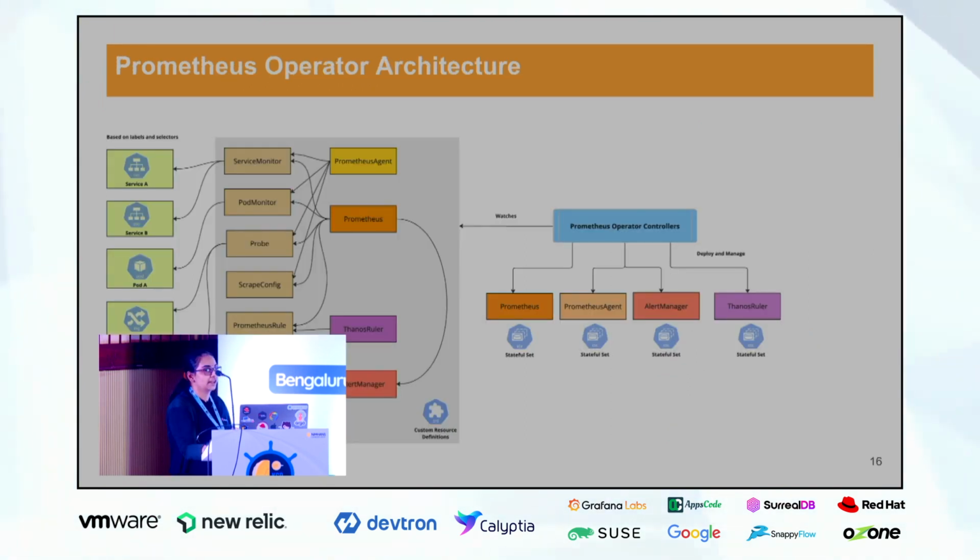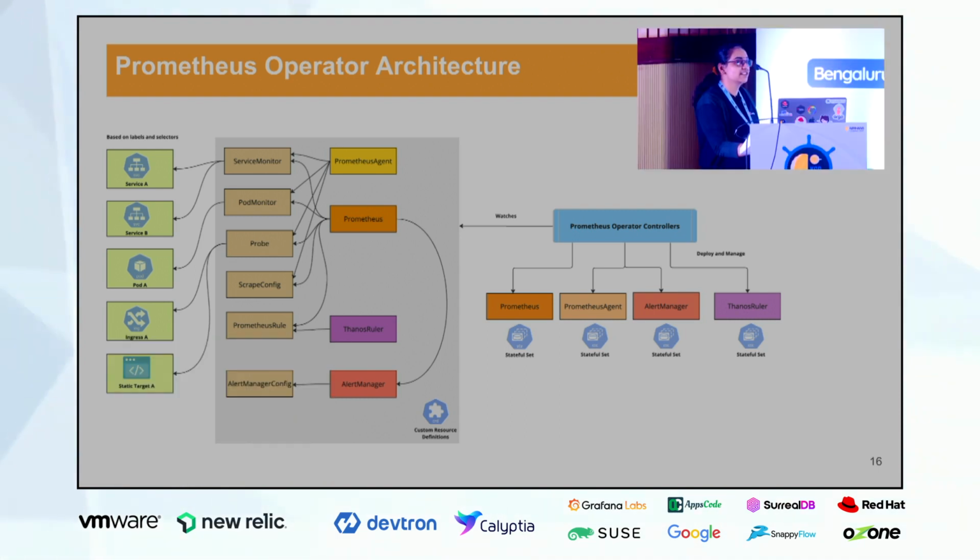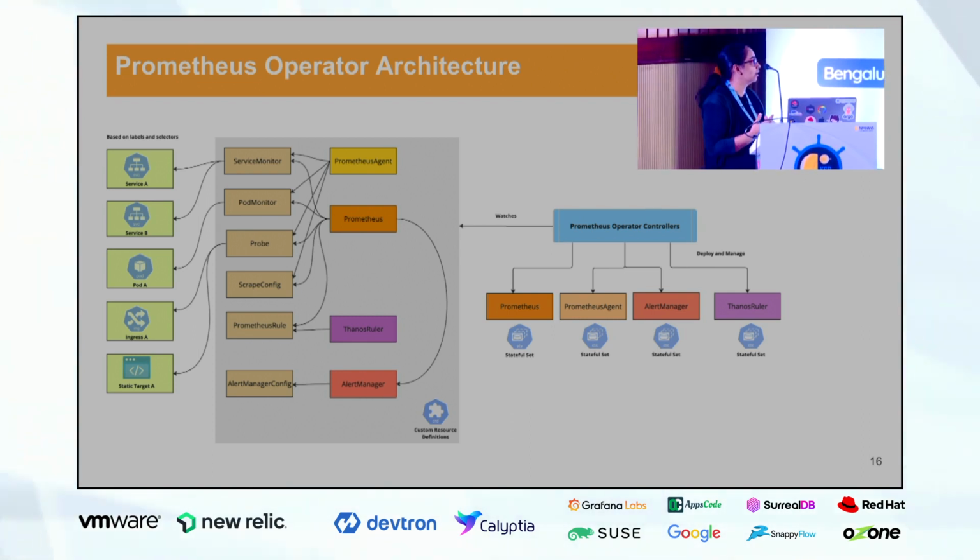This is just a high level architecture of the Prometheus operator. As you can see in the middle, all you see are the CRDs available as part of the operator. You have Prometheus, Thanos Ruler, and Alertmanager, which will form the StatefulSet in the end when you deploy using the operator. And then there are the monitoring related components like ServiceMonitor, PodMonitor, Probe, and ScrapeConfig, used for creating the monitoring related configs, like what to monitor and which objects you need to monitor.